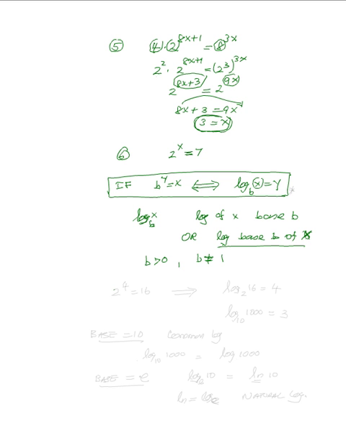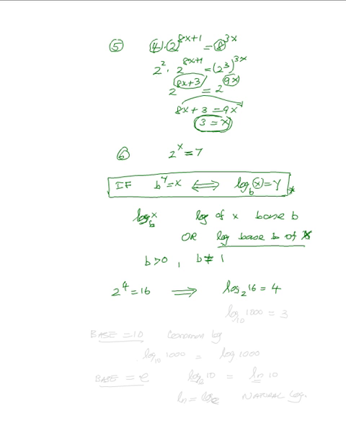Let me write an example. So we all know 2 to the power 4 is 16. Based on this definition that I have here, we could write this as log base 2 of 16 is 4. Now if you really look at this expression, the question that we ask is, what exponent of 2 is going to give you 16?